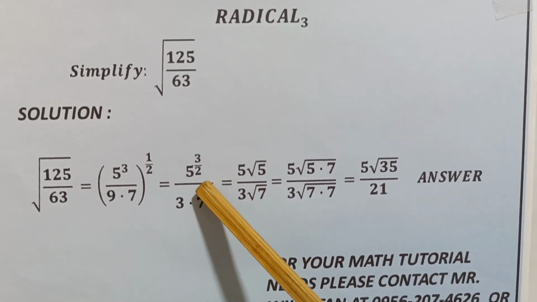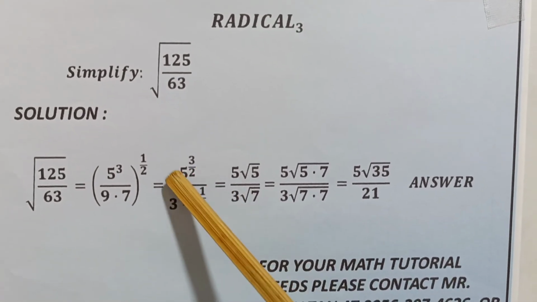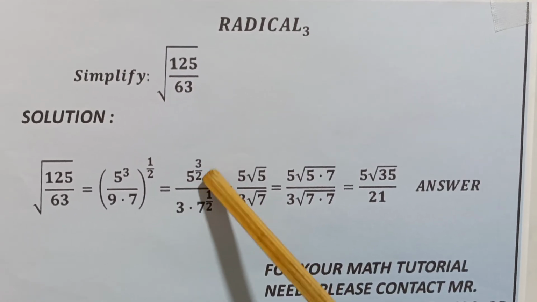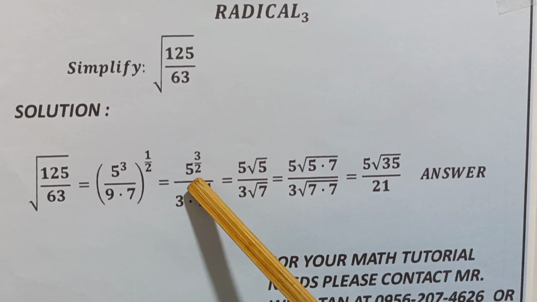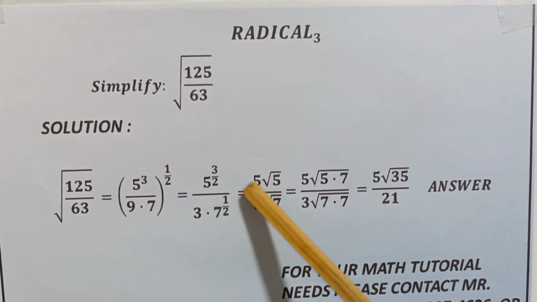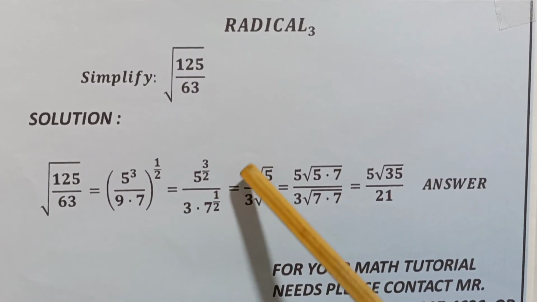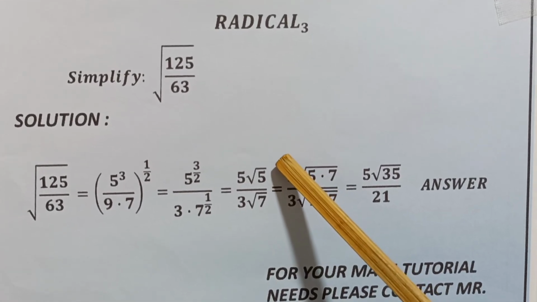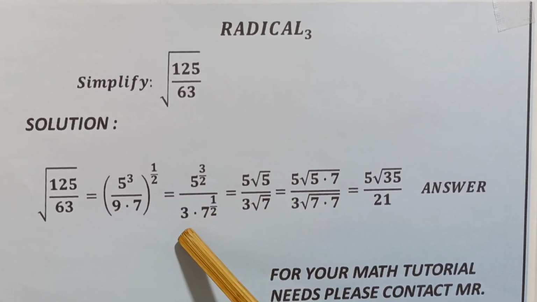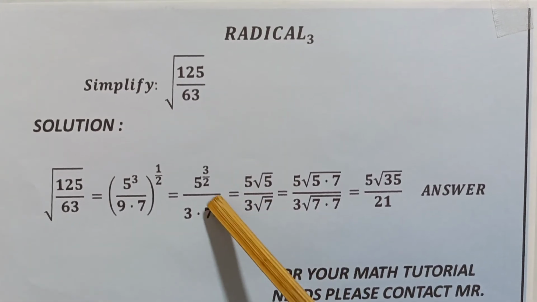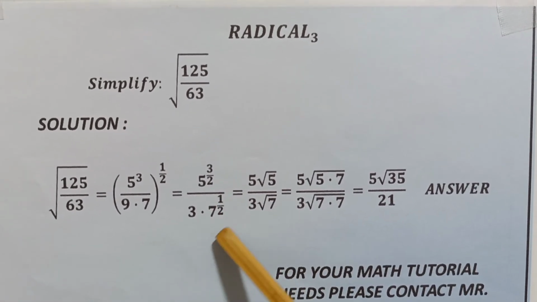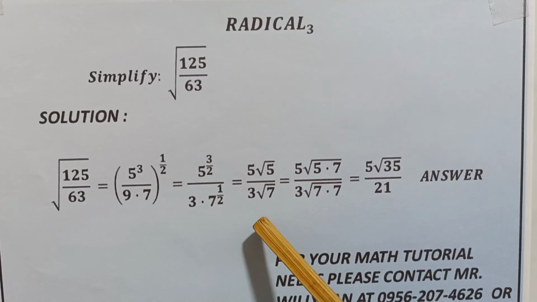So having 5 raised to 1 and 5 raised to 1/2, no? So this one is a whole number. 5 times the square root of 5 over 3. This is a whole number. And square root of 7. 7 raised to 1/2 is square root of 7.